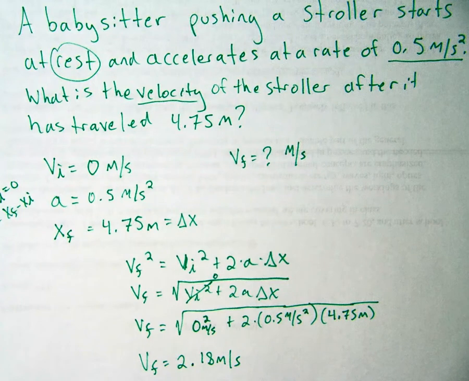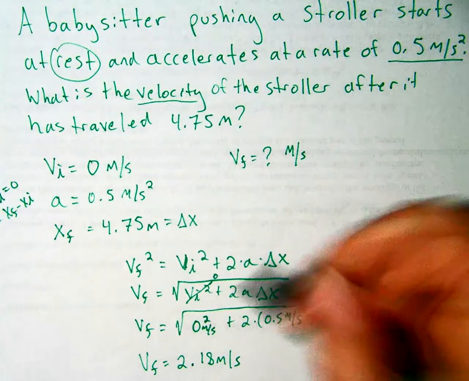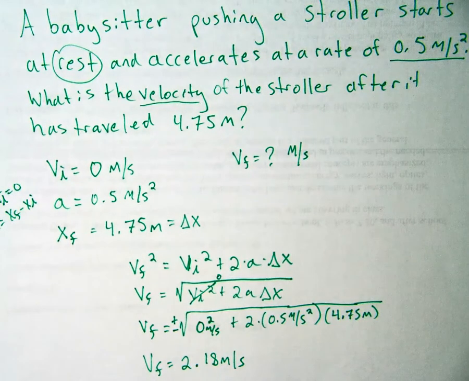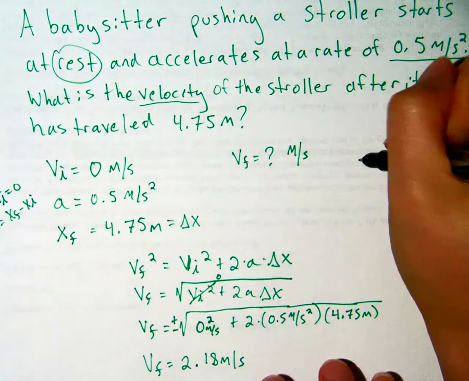Now, if you think back to your favorite middle school math teacher, when we have a square root, this can be either positive or negative. But how do we decide which is which? Well, this is when drawing that picture at the beginning comes in handy.